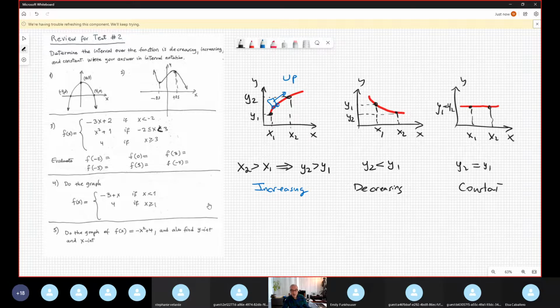Okay, so apply the roller coaster idea. When the roller coaster travels from left to right and goes down, it's decreasing, and when the roller coaster stays at the same height, it's constant. Is this idea clear?